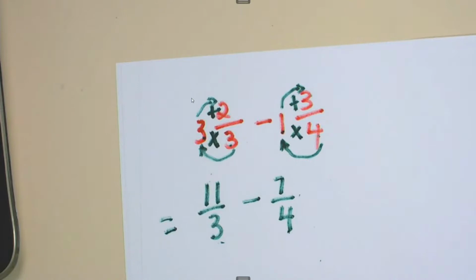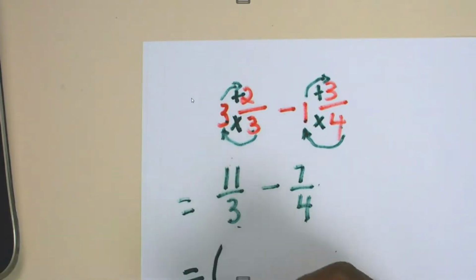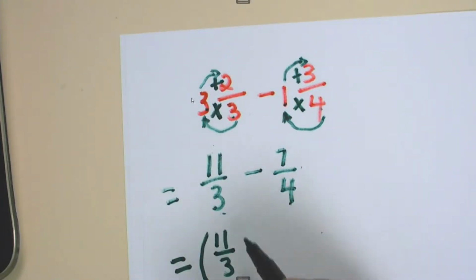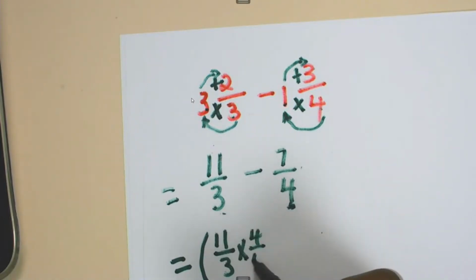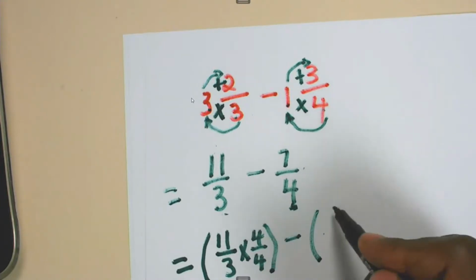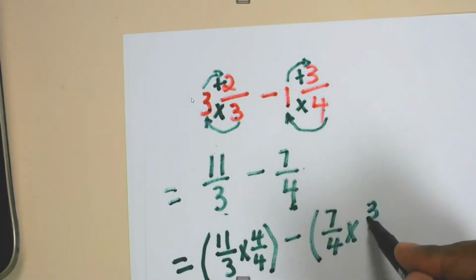What do we need to do? Apply the golden rule. What is the golden rule? Open the bracket, write the first fraction as it is given, multiply by the denominator of the second fraction, both sides, then minus, open the bracket, write the fraction as it is given, multiply by the numerator of the first fraction.